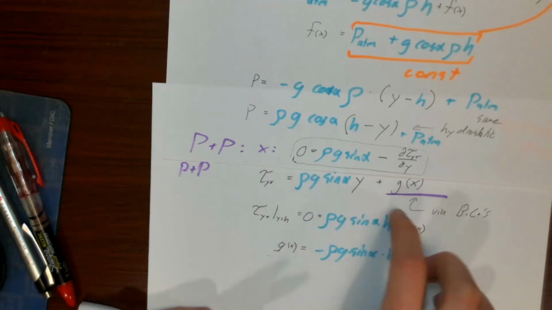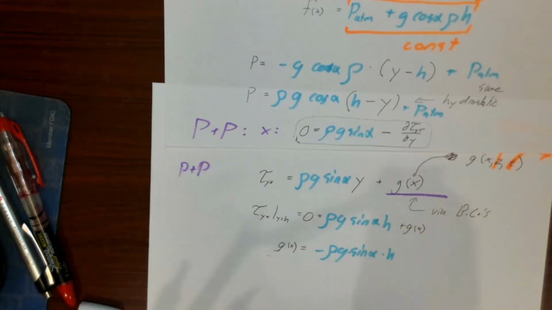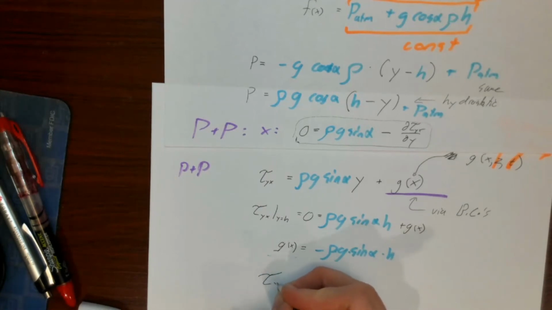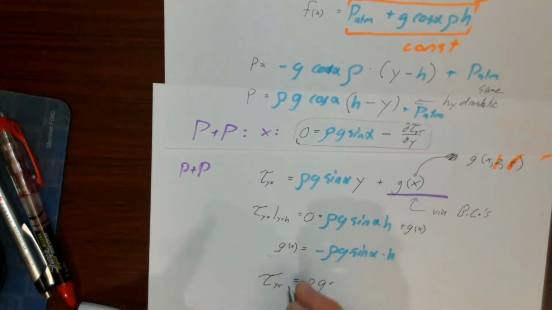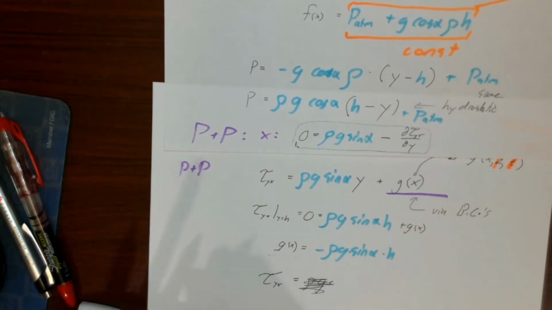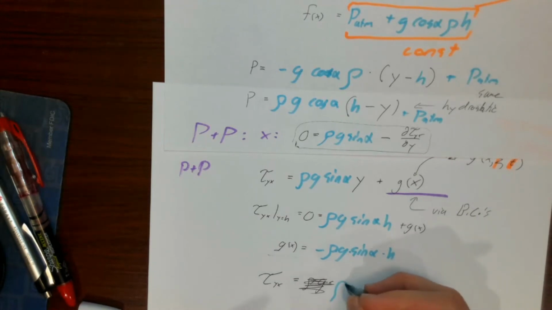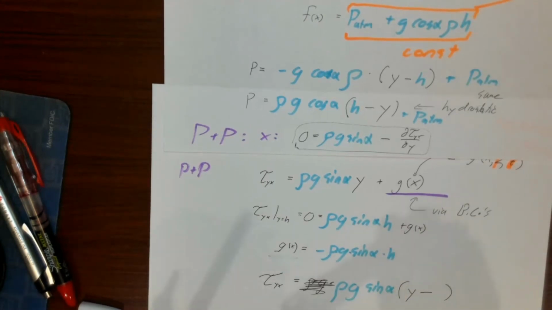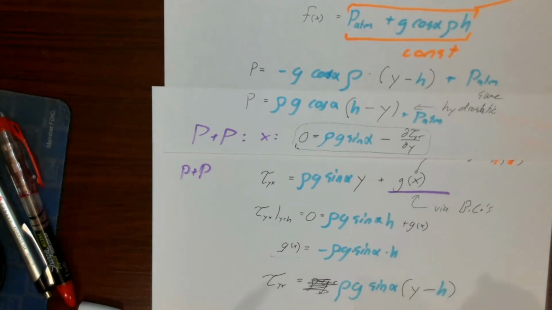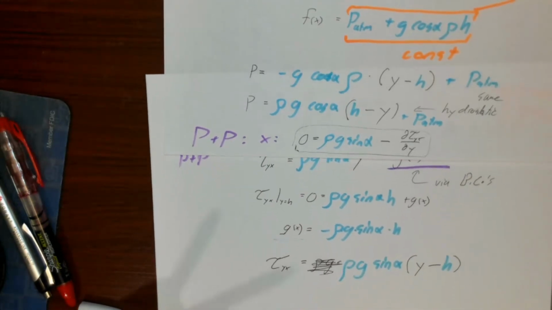It's just this constant that we can plug in here for tau yx. So we have tau yx is now equal to rho g sine alpha times y minus h. And we have that right here.